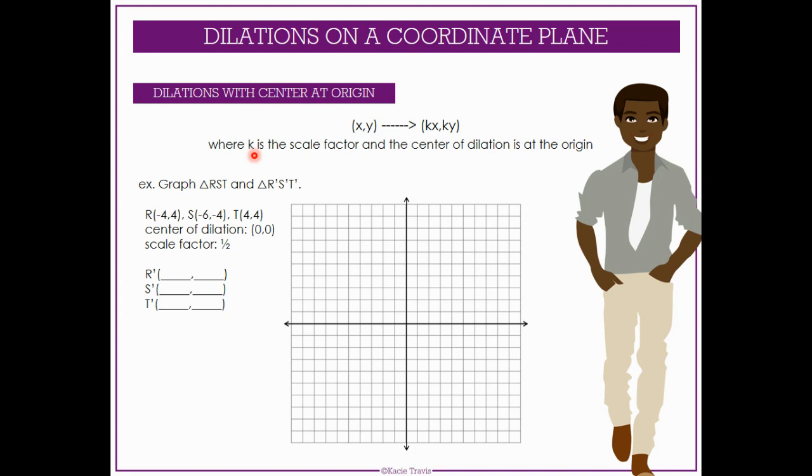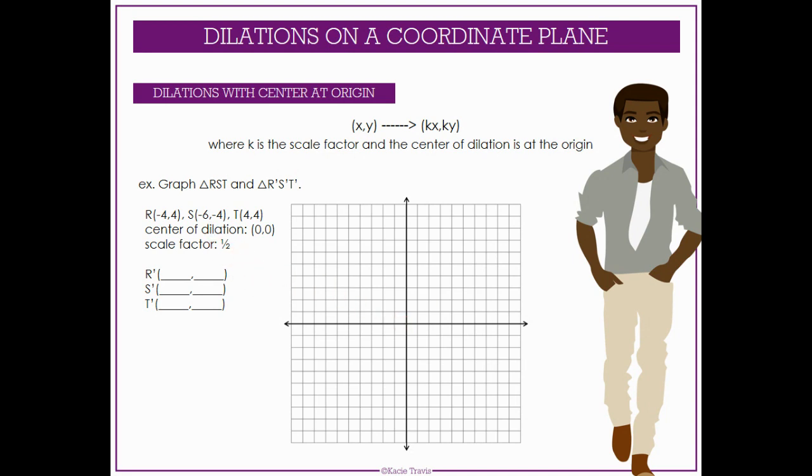First thing we have is an example with the center of our dilation being the origin. Remember, the origin is 0, 0, right in the middle. We're going to be dilating triangle RST to R prime, S prime, T prime, and we are dilating the original shape by a factor of 1/2.